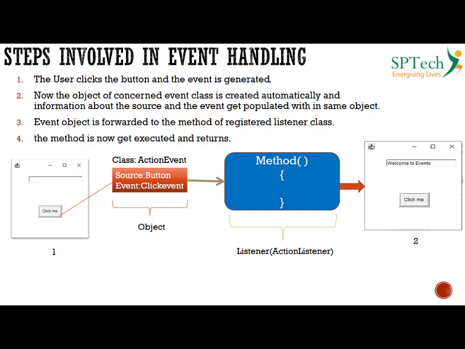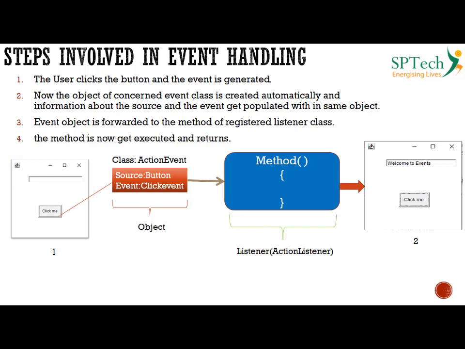The first step is the user clicks the button and the event is generated. So you can see that you have a frame, inside that you have a button and a text box. So you click on that particular button. When I click on that button, an event is generated, and know that an event is also an object. Whenever we think of an object in object oriented programming, we all know that an object belongs to a class. So there is a class called ActionEvent.